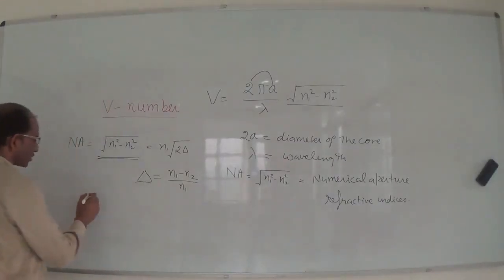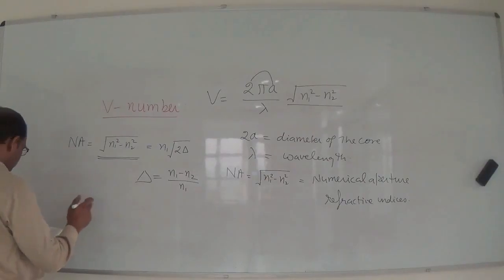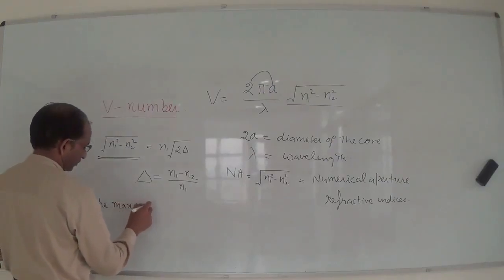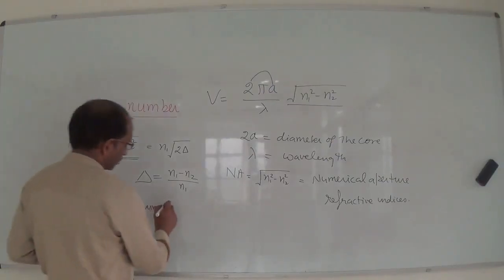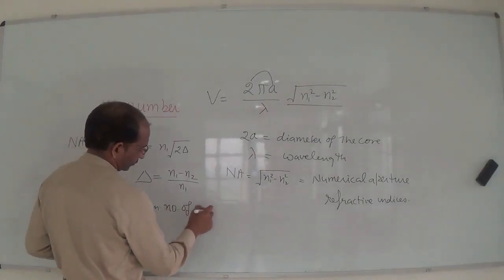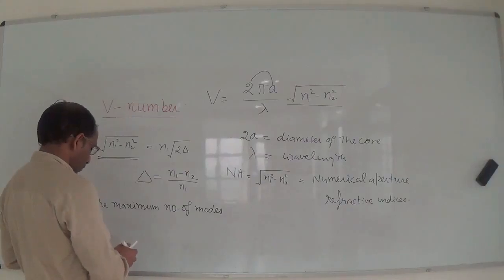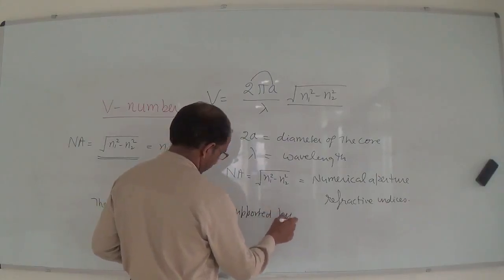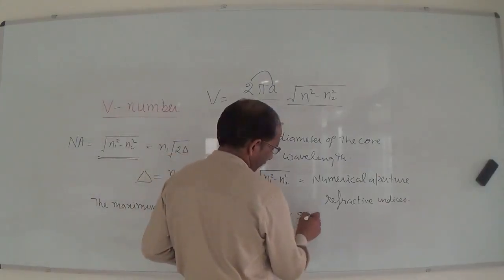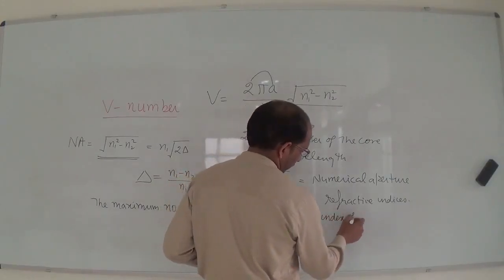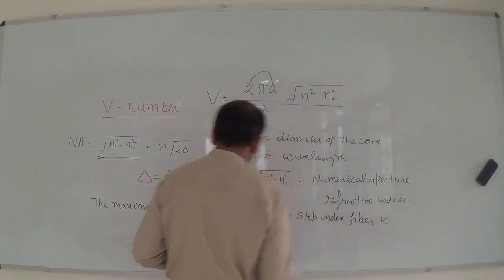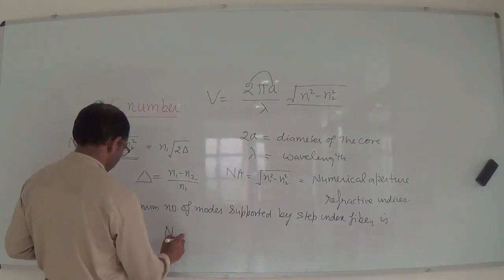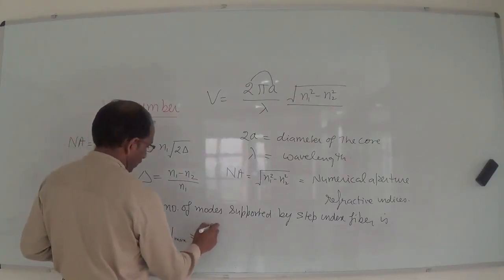the number of modes in step index optical fiber, the maximum number of modes supported by a step index fiber is determined by N maximum is equal to V square upon 2.